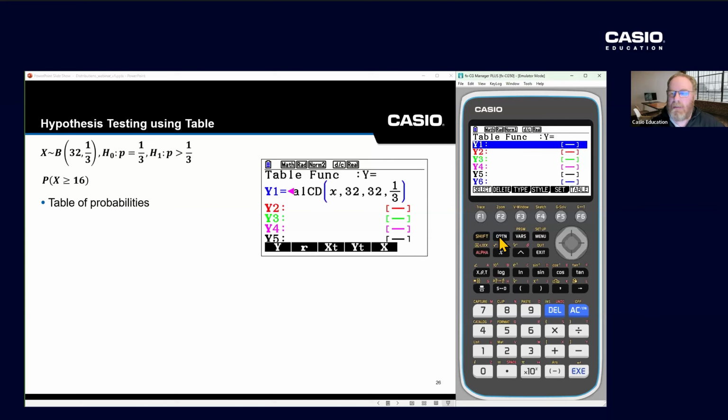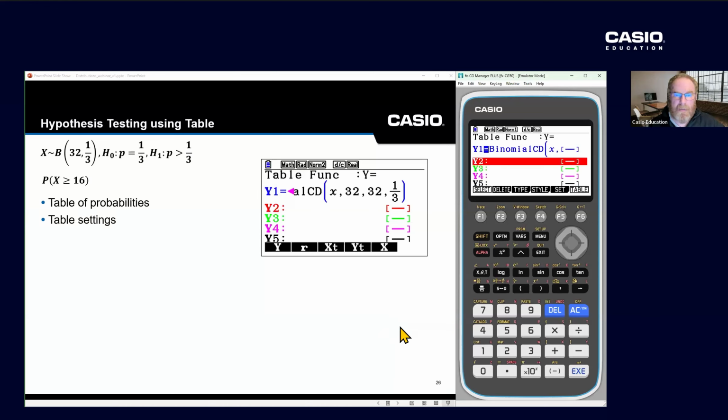Let's enter a BCD calculation, but this time having it on the right-hand side, so my lower bound is my variable x. And let's go all the way up to the value of n, which is 32. You don't have to. That would just give me 33 values. But if you're approaching this from scratch, you may not know which value of x you're looking for.